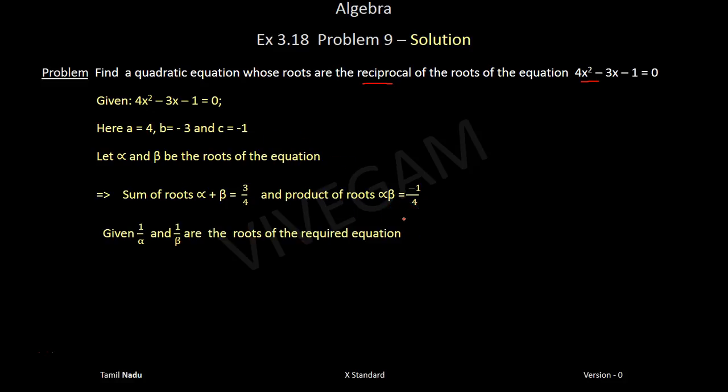Now we are asked to find the equation whose roots are the reciprocals of these. The reciprocal means the roots are 1/alpha and 1/beta. So the sum of the roots will be 1/alpha plus 1/beta. Taking the LCM, you will get alpha plus beta in the numerator and alpha beta in the denominator. Alpha plus beta is 3/4 and alpha beta is −1/4. Substituting those values, you get (3/4) divided by (−1/4), that is 3/4 times −4/1. The 4s cancel and you get −3.